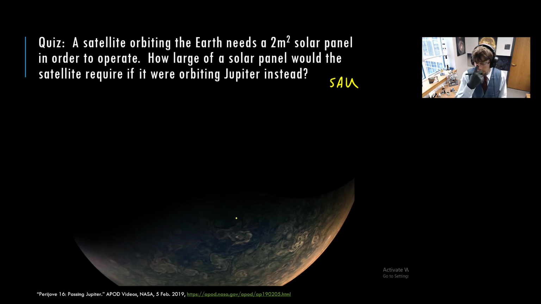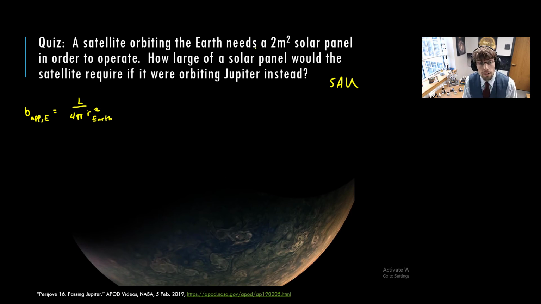Yeah, good. So let's go ahead and calculate it out for a second. The apparent brightness as seen from Earth would be the luminosity of our star divided by 4 pi times the distance to the Earth squared. This would be the Earth-Sun distance, 1 astronomical unit.